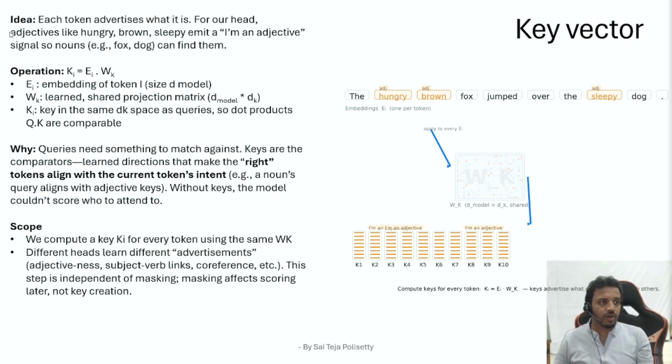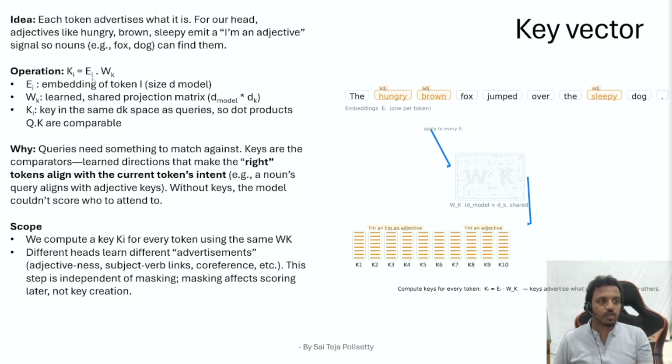Okay, so when I say key vector, it's basically it will say like hungry and brown words will emit a vector saying I'm an adjective. Okay, signals a noun. Okay, so what happens here, the operation that we did is similar to the operation that we did with the query.